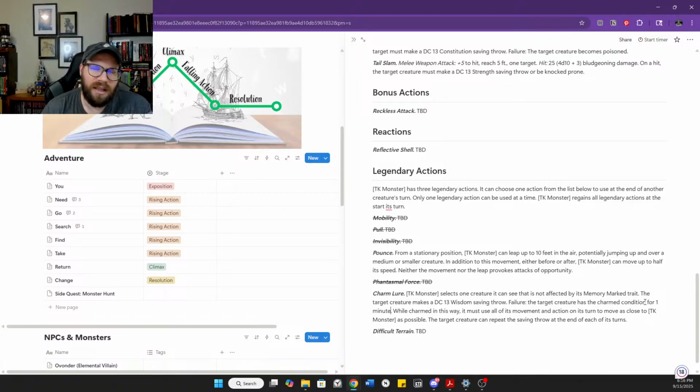That being said, if we want to make this a little gentler, or perhaps make this more thematic in that it's kind of a slow pull, a hypnotic compulsion, we could put a note in there that says it uses all its movement, and that while it's charmed in this fashion, it can't target the creature with any attack or spell that deals damage, or something along those lines.